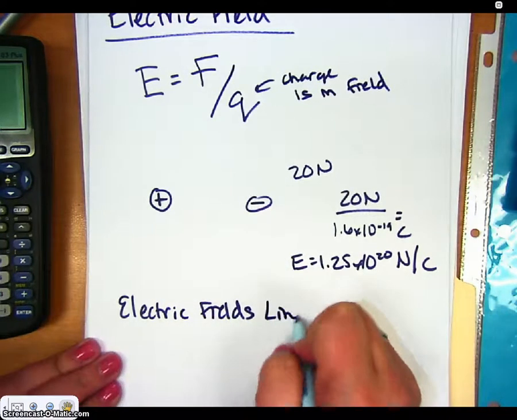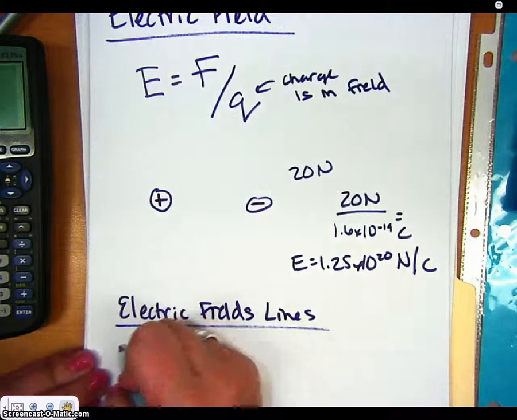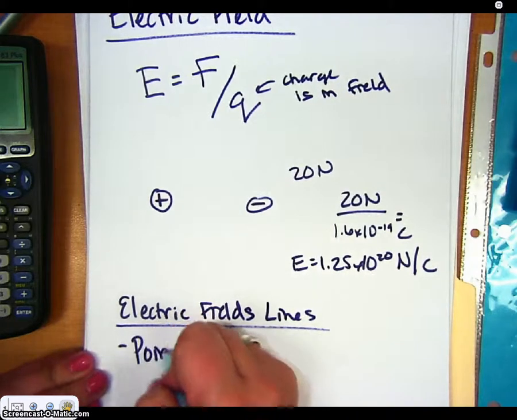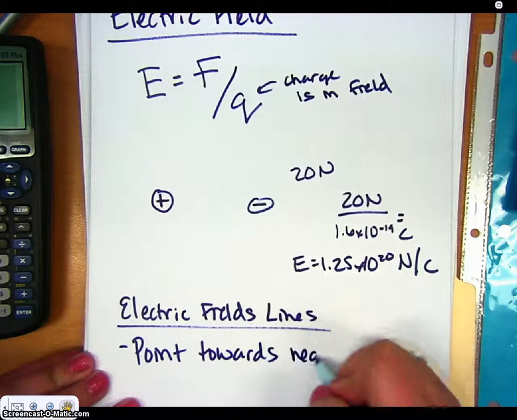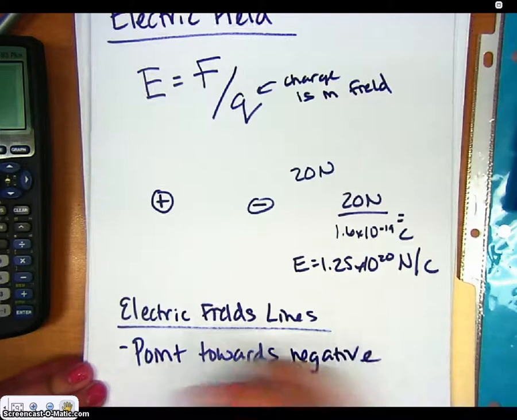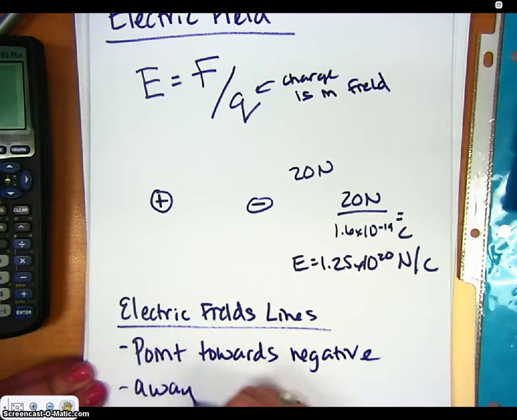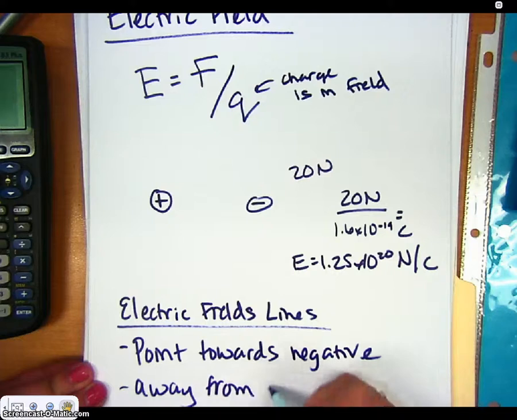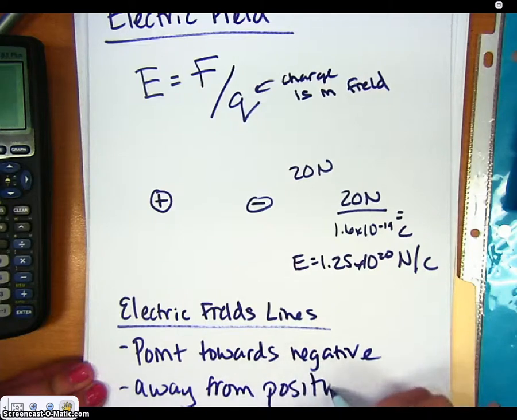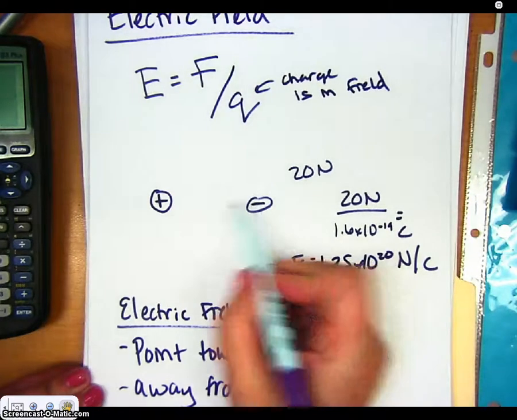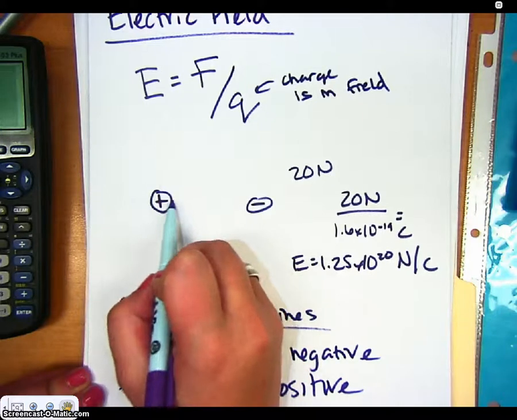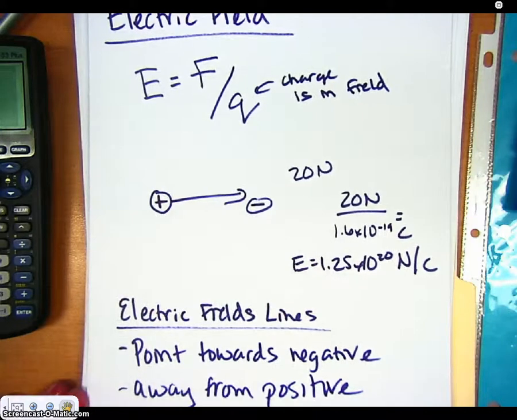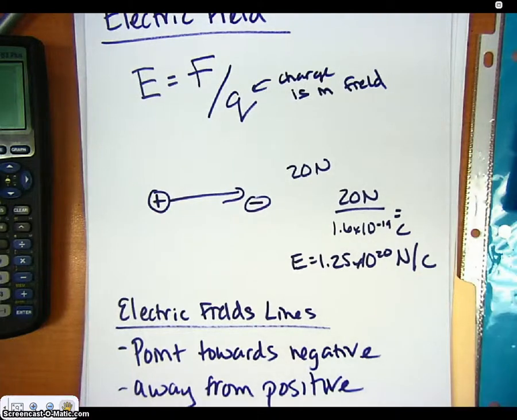So electric field lines point towards the negative and away from positive. So the electric field as a result of this positive would be pointing in this direction. Okay, so now we can figure out both magnitude and direction.